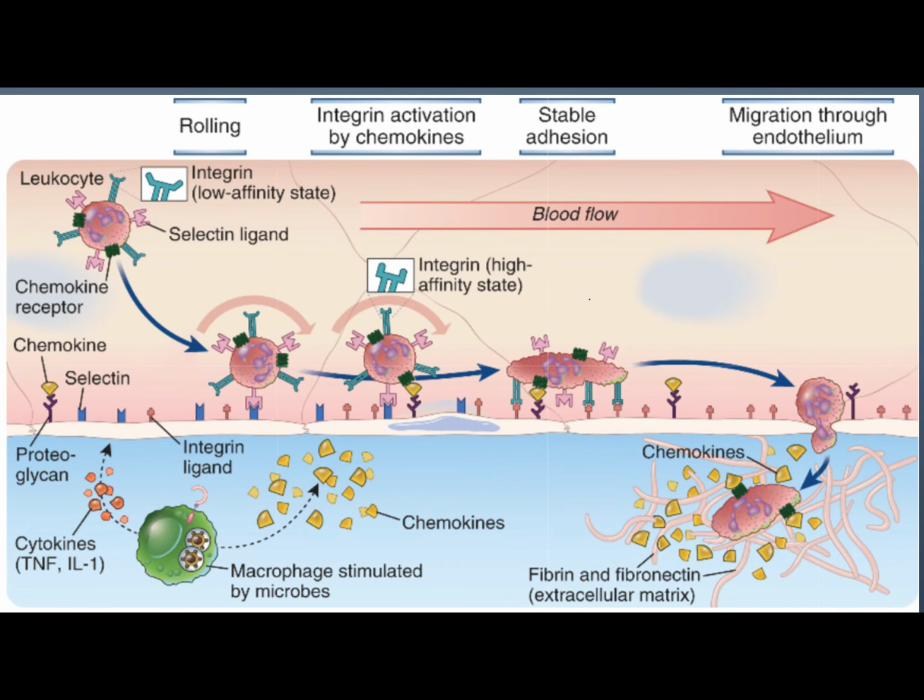Please take note that there are four things that occur whenever there is a WBC-endothelial interaction. They include rolling, integrin activation, stable adhesion, and migration through the endothelium.